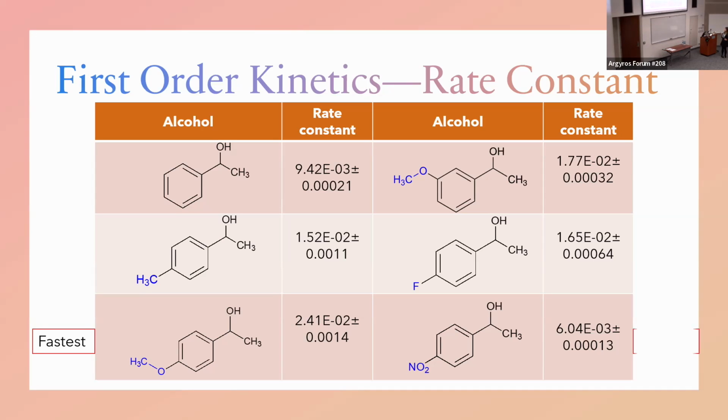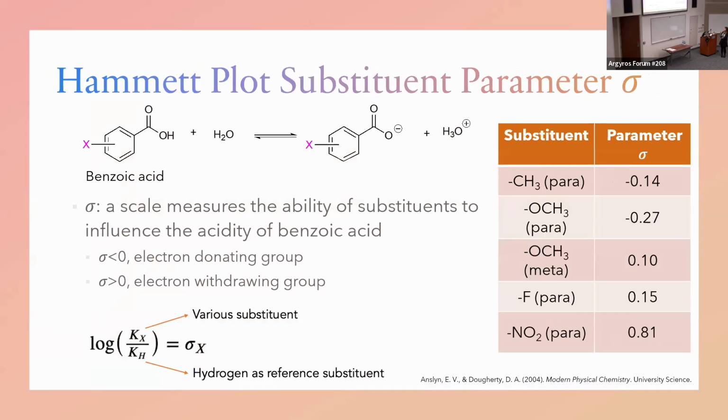And on the other hand, the rate constant for our para-nitro one is the smallest, indicating it is the slowest alcohol in respect to the mechanism and the rate, which also agrees with our finding in the video that the para-methoxy only takes about 5 minutes to complete its oxidation, and the para-nitro takes about 50, which is 10 times the time of the para-methoxy. So yeah, so far so good.